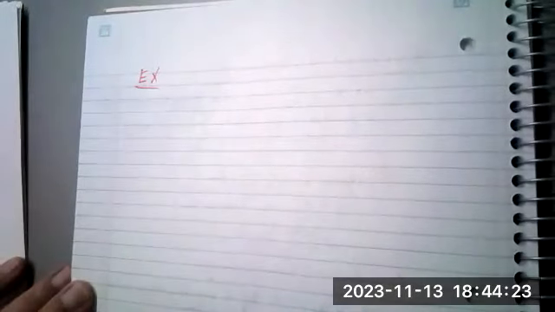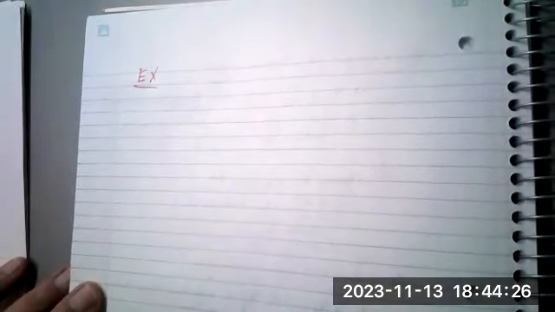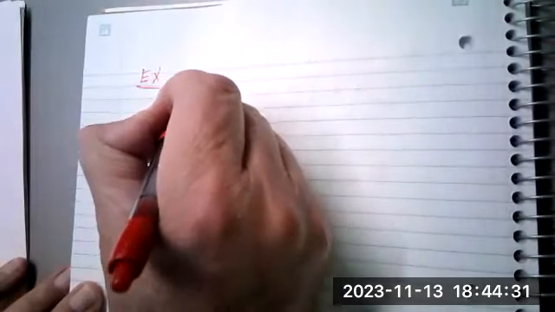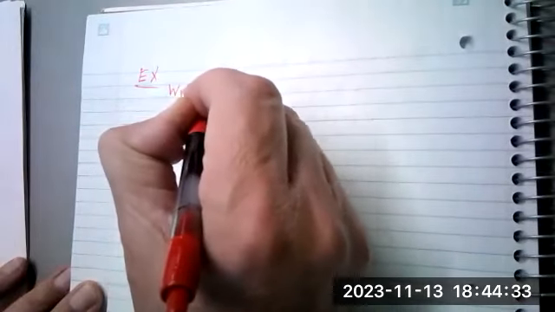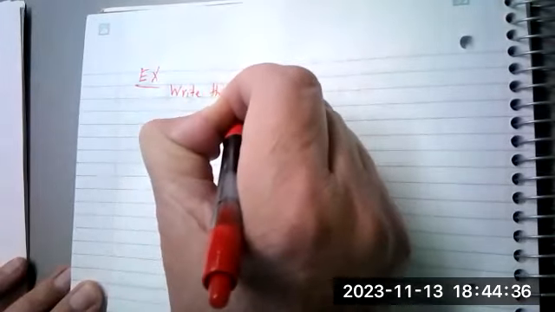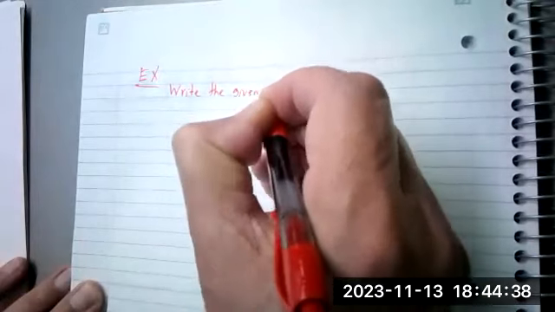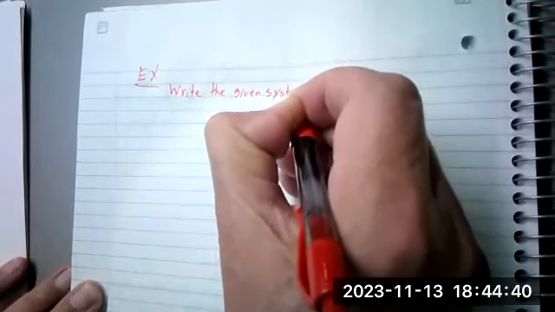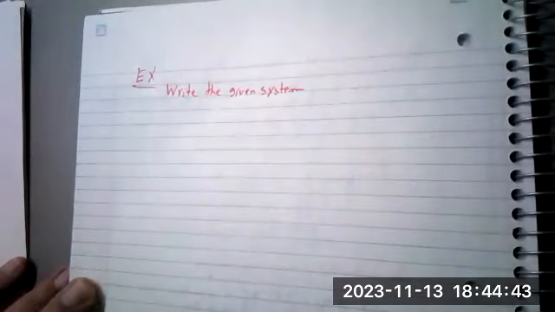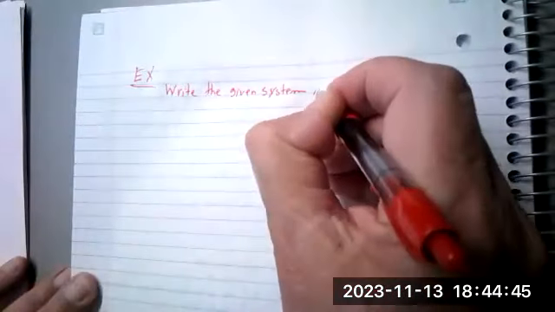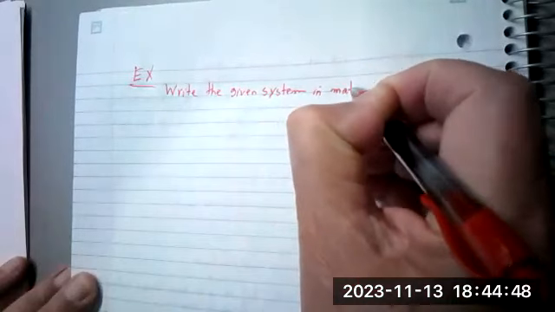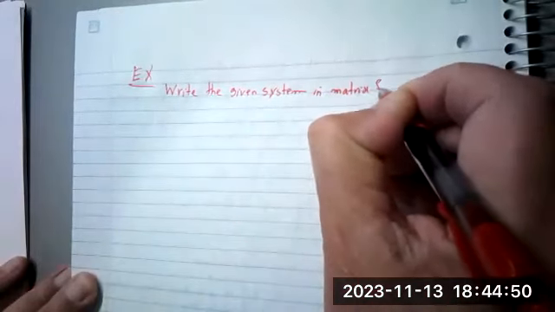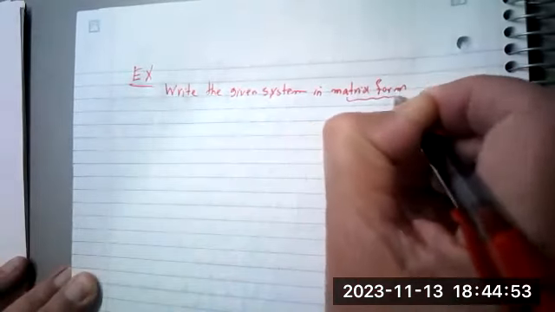Okay, so example. We'd like you to write each system of equations as a matrix equation. Write the given system of differential equations in matrix form.